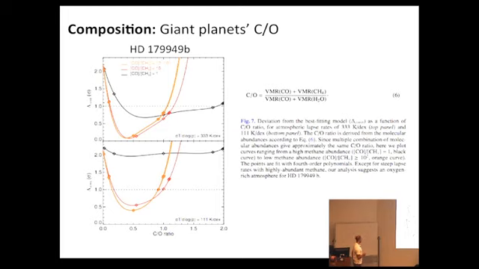Since they don't detect CH4, they only have an upper limit on that. But basically, you can see these chi-square contours dip down and are centered around the solar C to O of about 0.5. If they assume chemical equilibrium, they probably would also get a sharp cutoff at C to O of 1. But you can see this is, again, for a non-transiting planet using a completely different technique and a set of assumptions, evidence against very high C to O ratios.